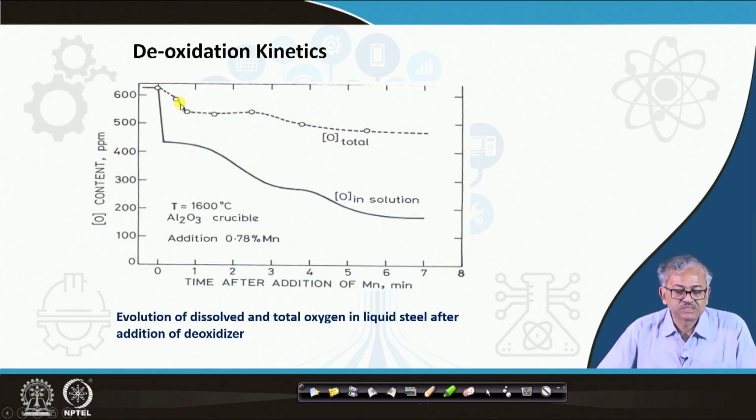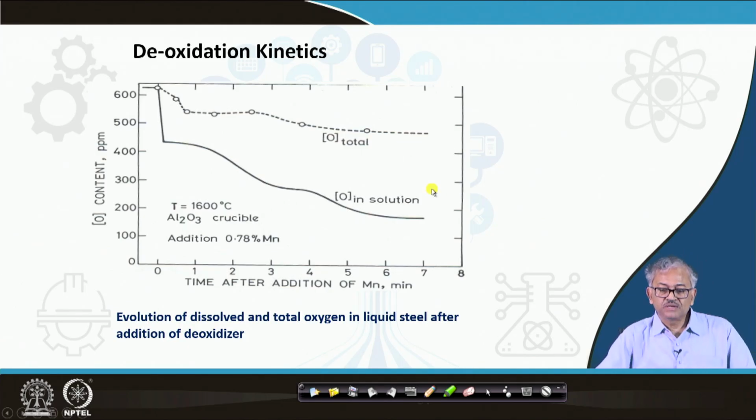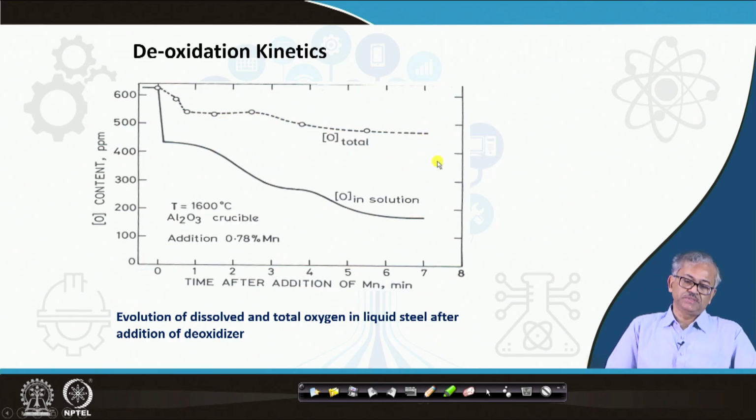It started above 600, and after 7 minutes it is only 500 ppm. So the dissolved oxygen is 200 ppm and the total oxygen is 500 ppm. Huge difference. What does it mean?